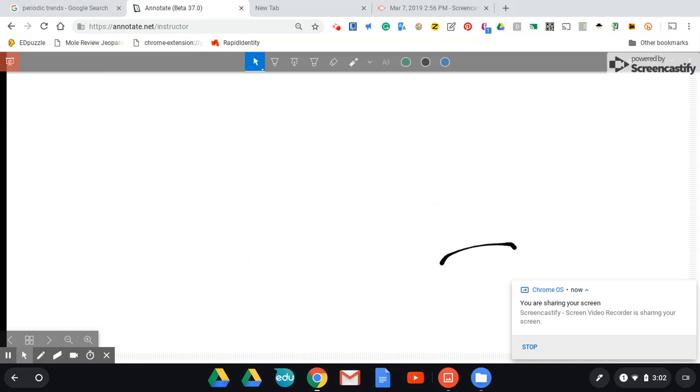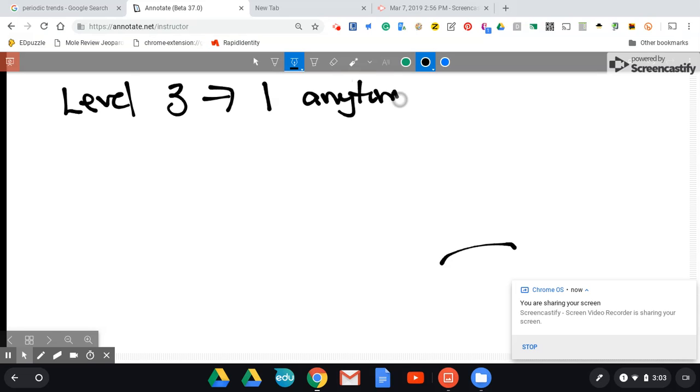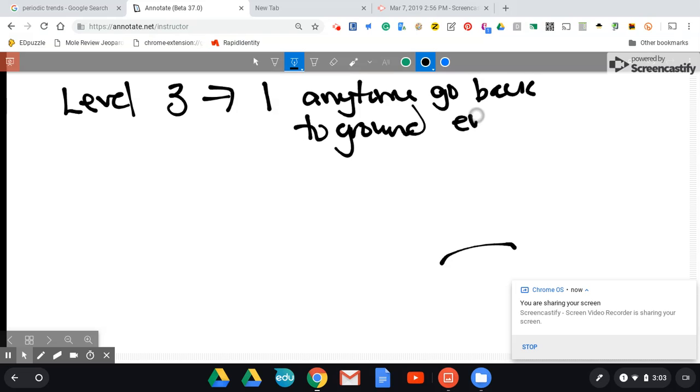If I'm at level 3 and I go to 1, anytime I stop at 1, anytime you go back to ground state, it's going to emit UV light.